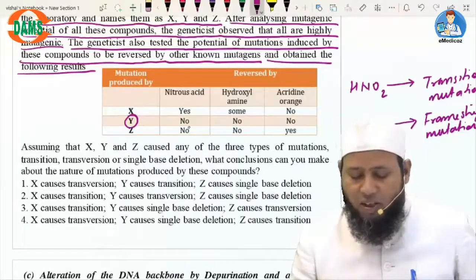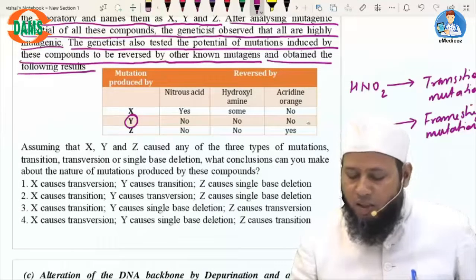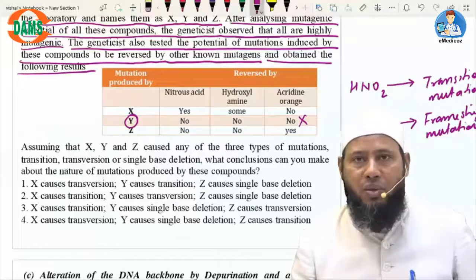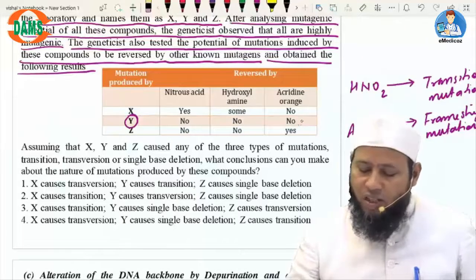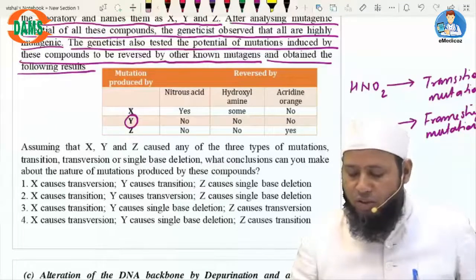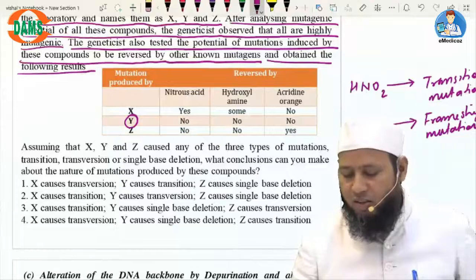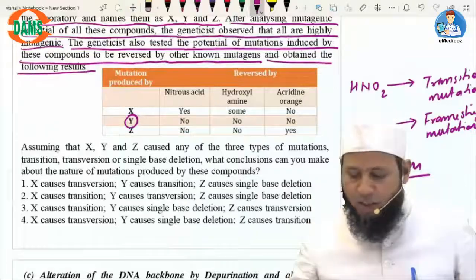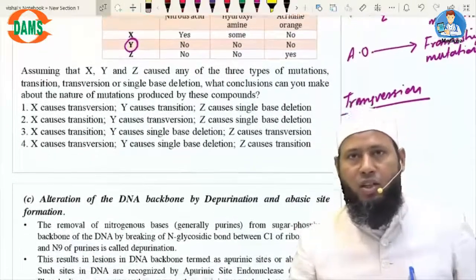Similarly, it is not reversed by acridine orange, so it is also not a frame shift mutation. It is neither transition nor frame shift, so it should be a transversion kind of mutation. That should be kept in mind.